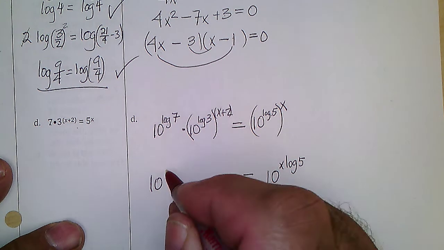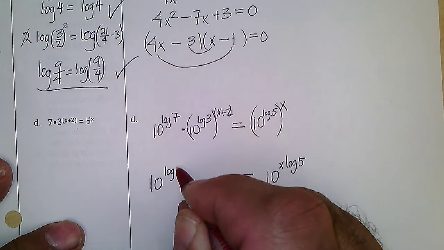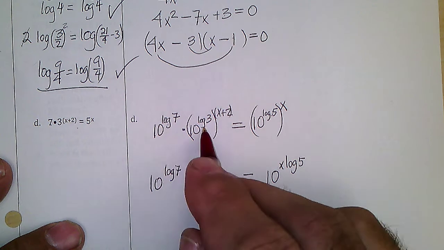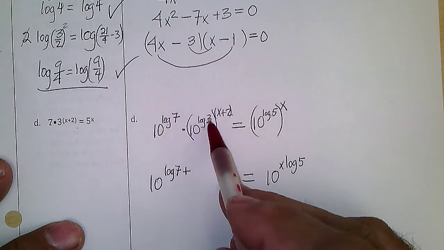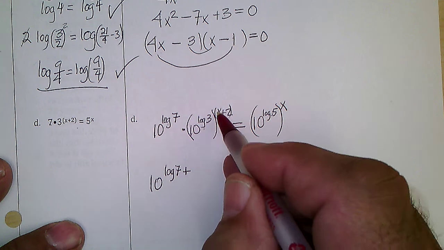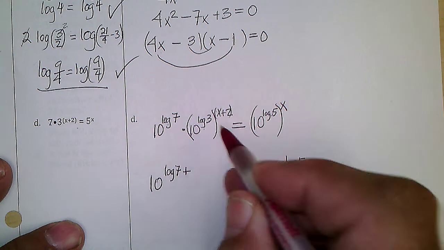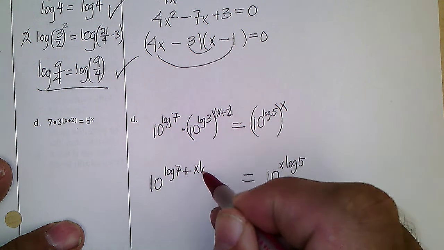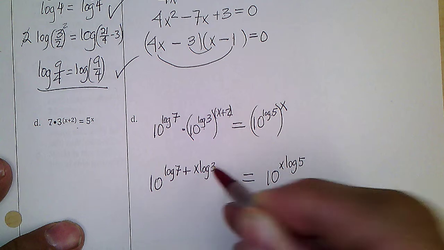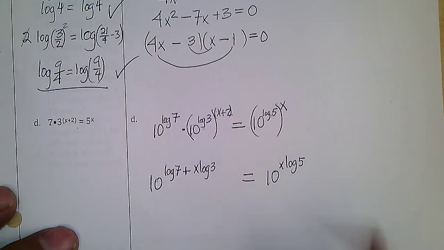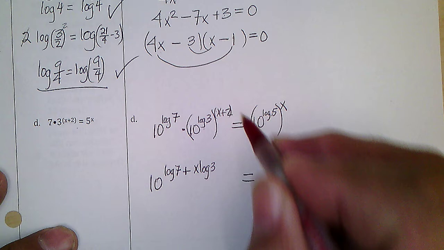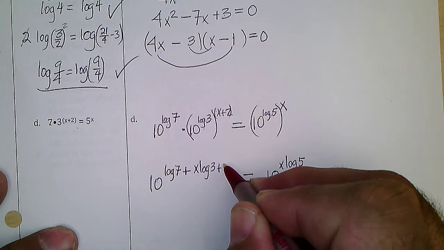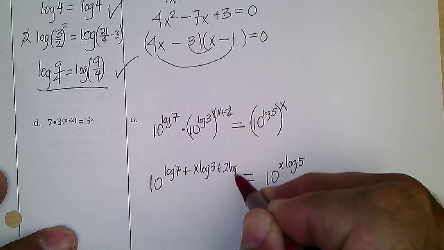And I got to take log 7, and since I'm multiplying, I add the powers plus, and then this is times these two, so it's going to be log 3 times the x, so I'll write it as x log 3 so that it doesn't look like log of 3x. And then I got to take log 3 times the 2, which I'll write as 2 log 3.